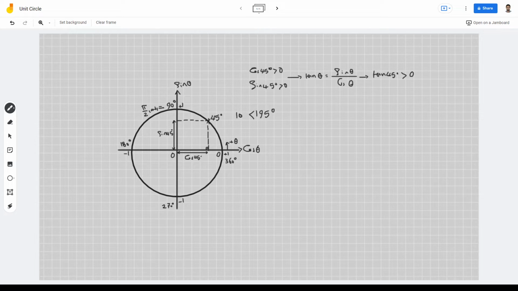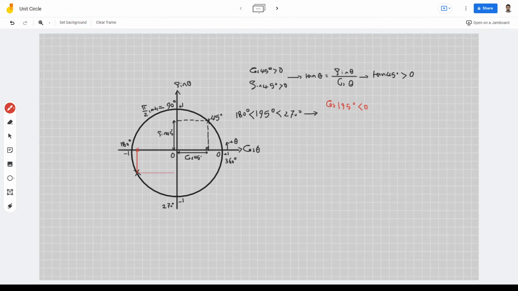195 is more than 180 degrees and less than 270 degrees. So it should be in the third quarter, something like here. Let me use another color. So if I project it on the cos axis, the projected point would be here, and it is negative. So cos 195 degrees is negative.